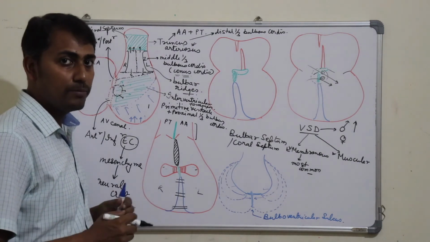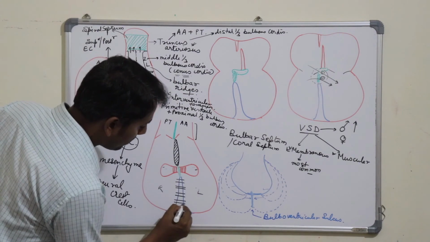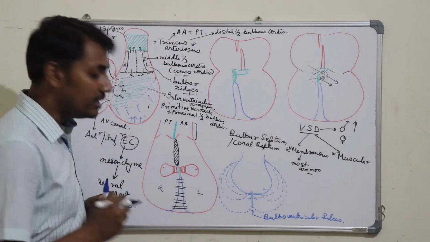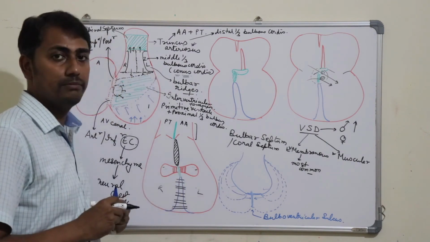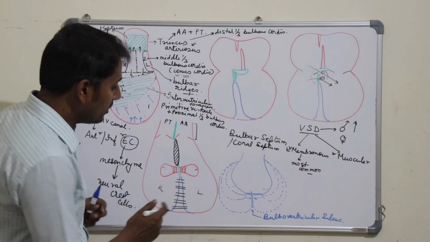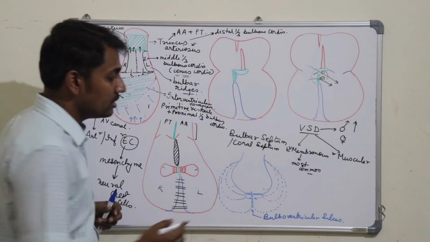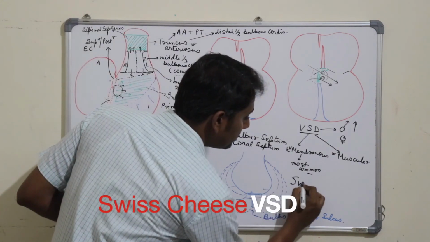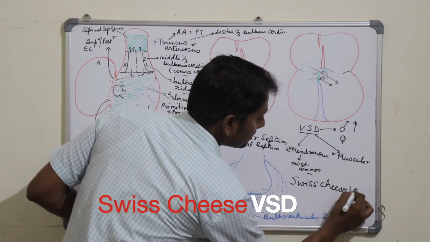Sometimes there could be many perforations in this muscular part of the interventricular septum. These small perforations will give an appearance of Swiss cheese. Therefore, this type of ventricular septal defect is known as Swiss cheese ventricular septal defect.